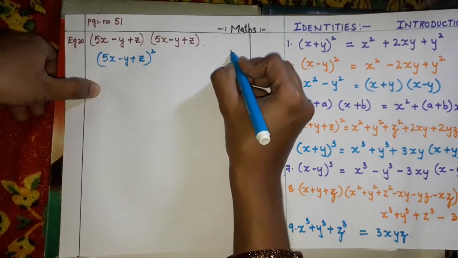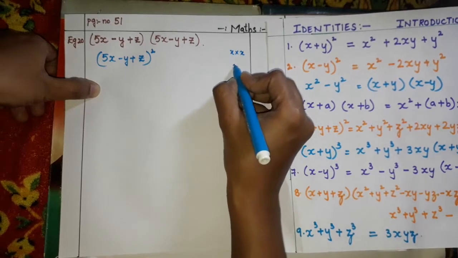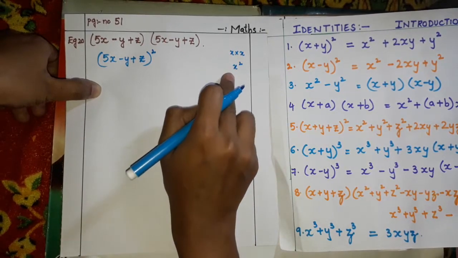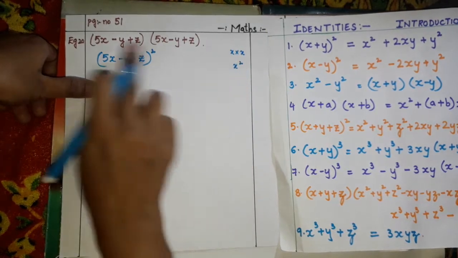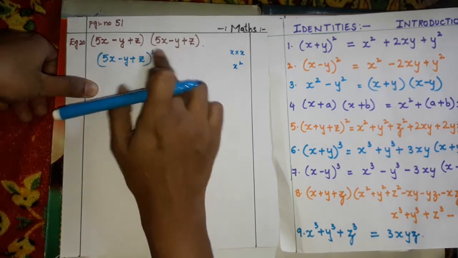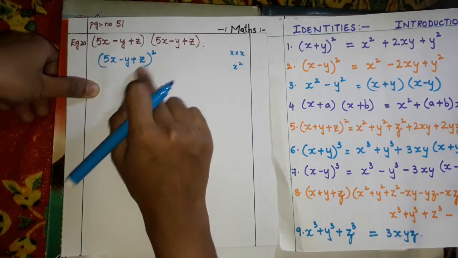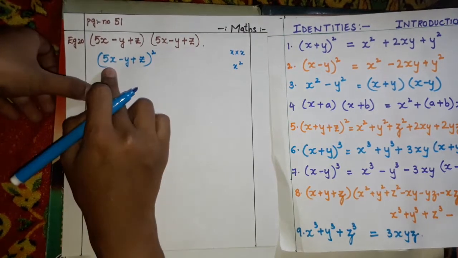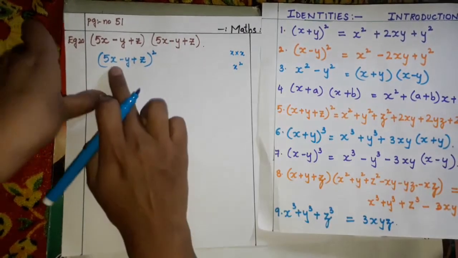Like x into x is nothing but x square. Same thing, both are the same, so that's why I'm going to write a whole square.